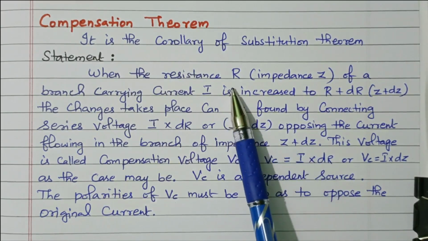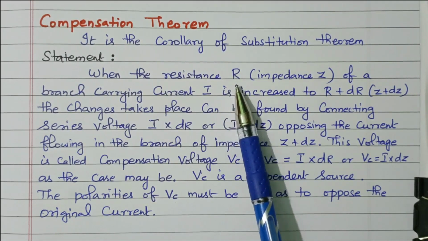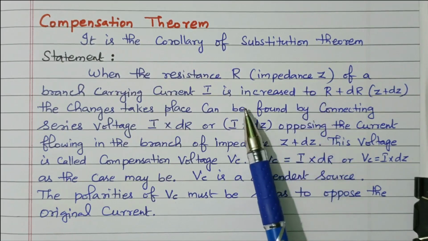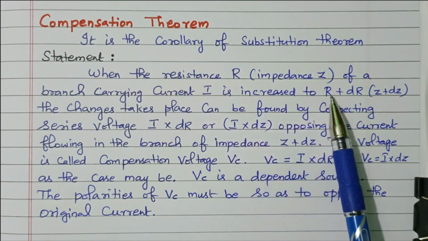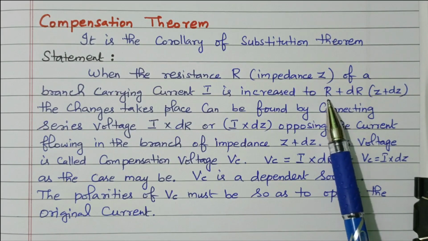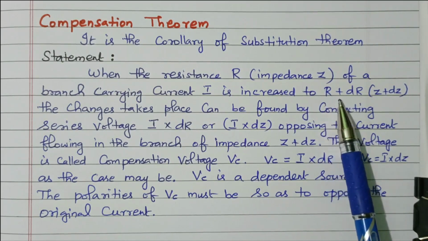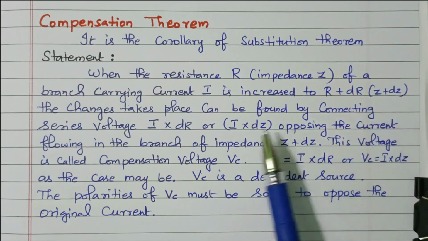Right? So one network is available with resistor R or impedance, in which the resistor is changed to R plus dR or Z plus dZ.